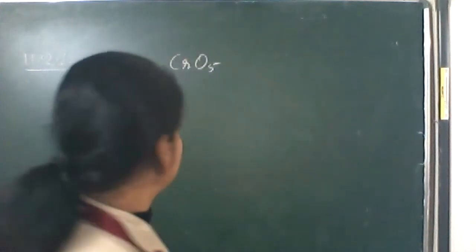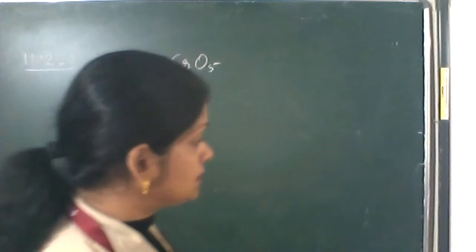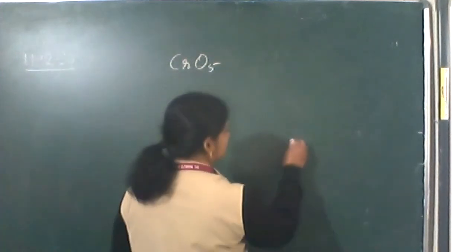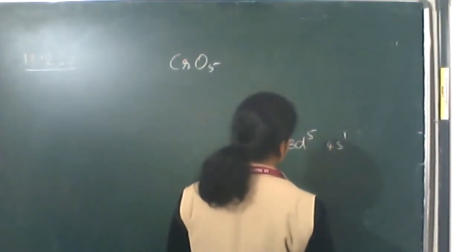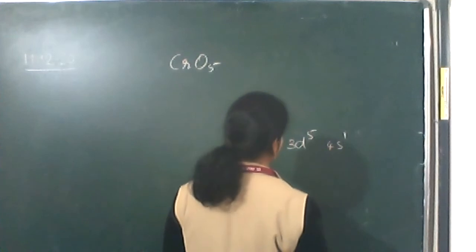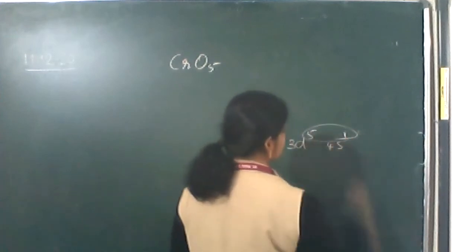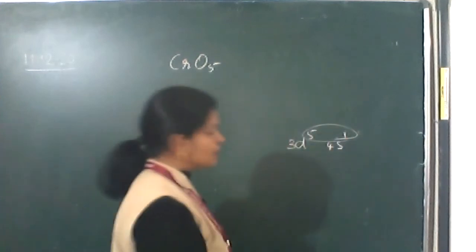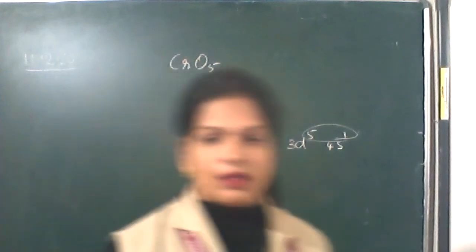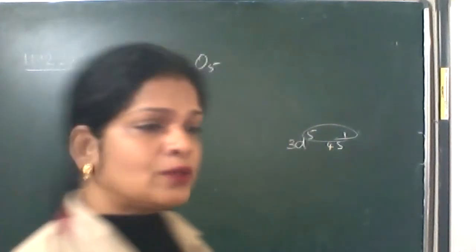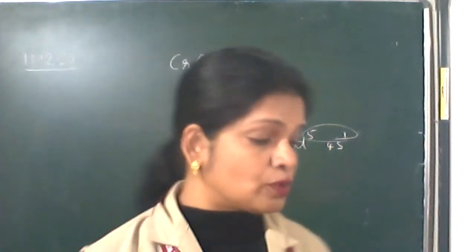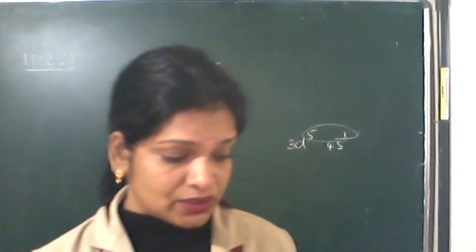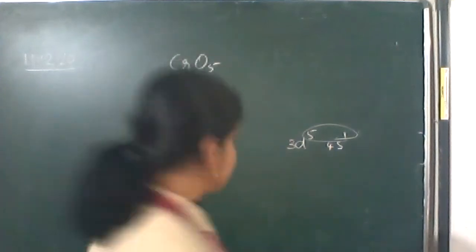Chromium is atomic number 24, that is 3d5 4s1. The 3d and 4s have almost the same energy, so the 4s electron and 5 electrons can go, giving plus 6. So the maximum oxidation state chromium can show is plus 6.